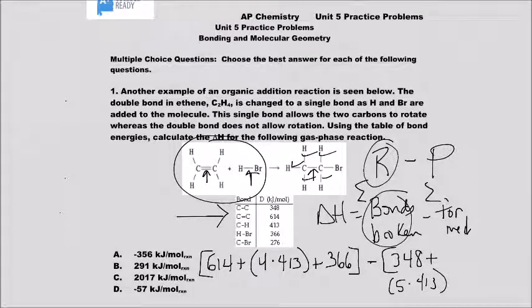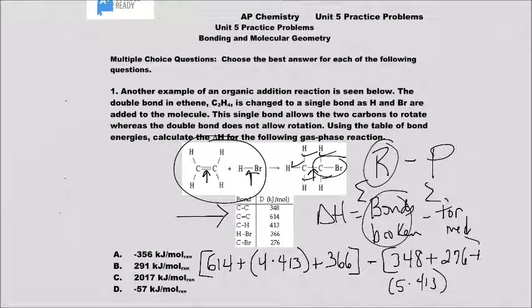And the final bond is a carbon-bromine bond. So notice that hydrogen and bromine substituted into that original compound when the double bond was broken. So carbon-bromine is 276. I'm just going to add it there.